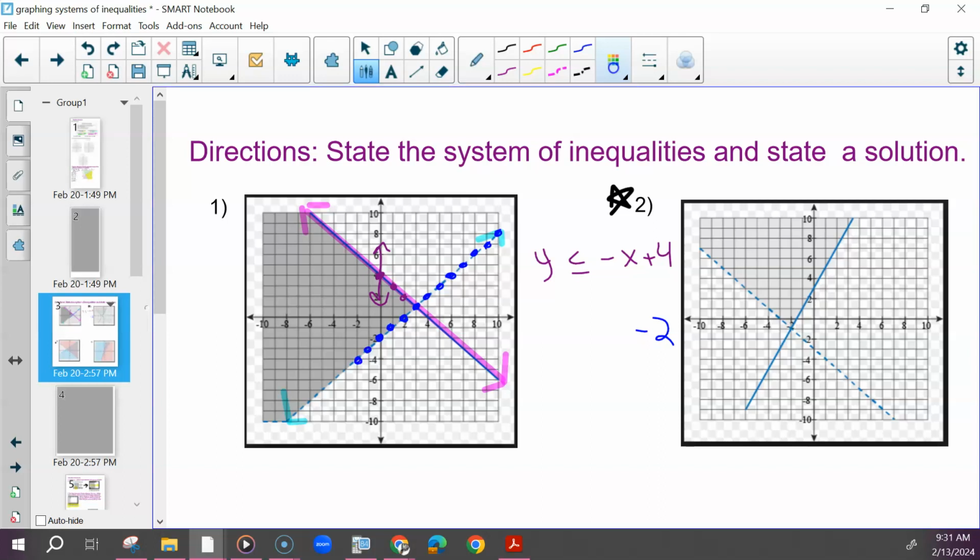So it could be off, but double check it anyway. In this case, it's not that case. Slope is 1. This is a dashed line. Is this shaded above or below? Above. So this would be which symbol?